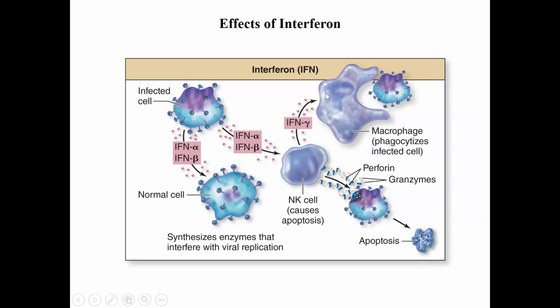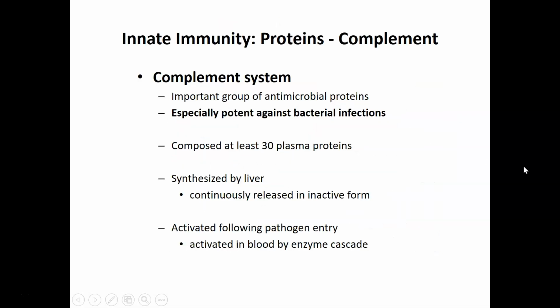Not only that, interferons are going to alert macrophages, which are going to be attracted to this abnormal cell to latch onto it and take it in by phagocytosis to break it down. So interferons prevent spread of the virus in normal cells, and they attract other cells to kill the virus-infected cell.